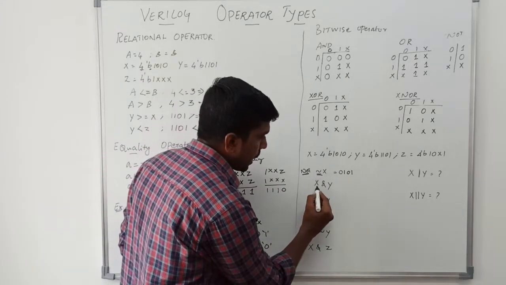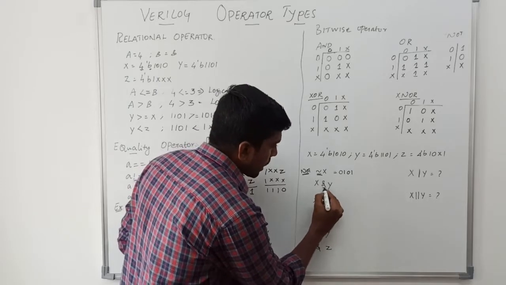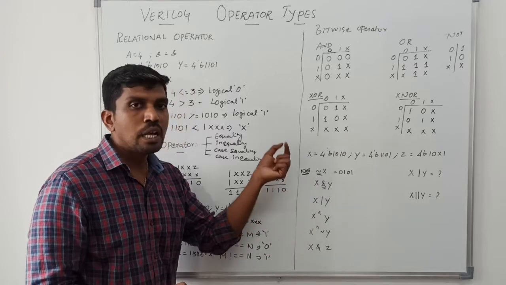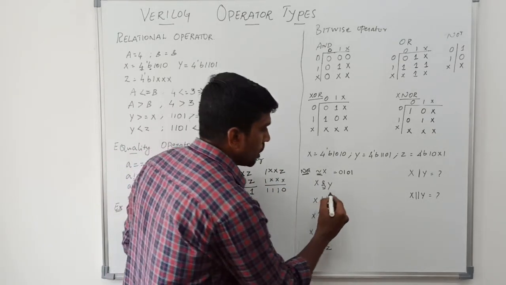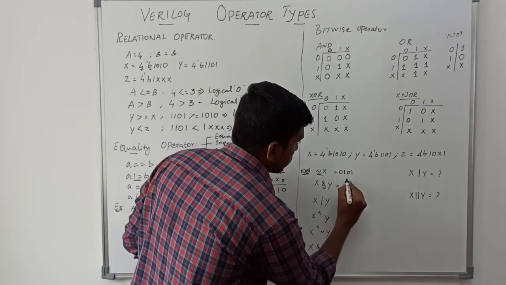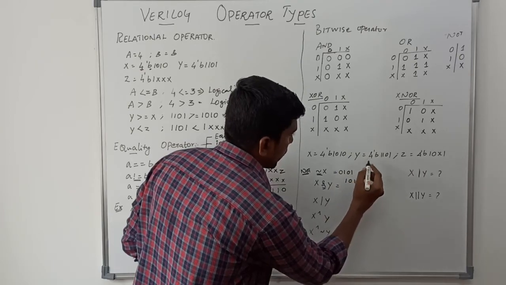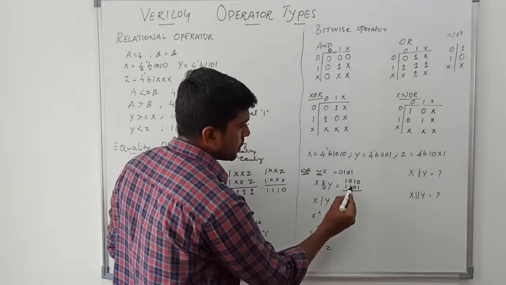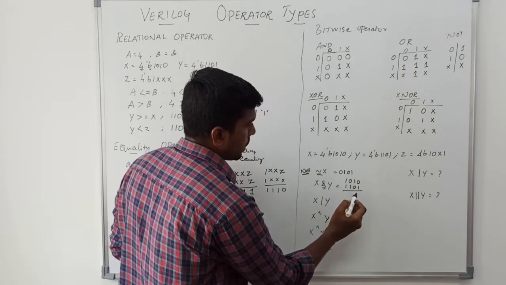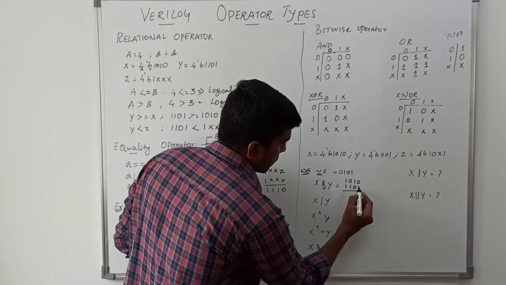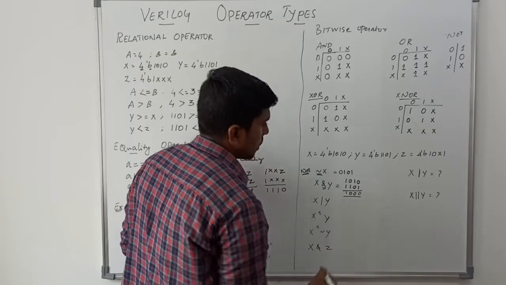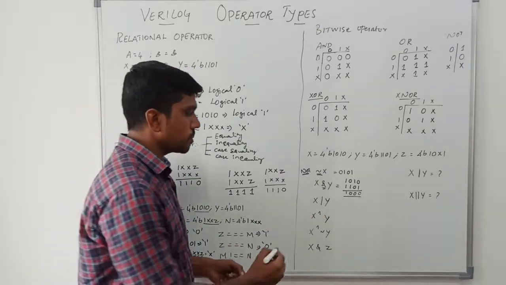The next one, x and y. This single ampersand symbol represents the bitwise AND operation. So first you write x value 1010, then y value 1101. Then you apply the property of AND operation. So bitwise AND gives 1 0 0 0. The result is 8.